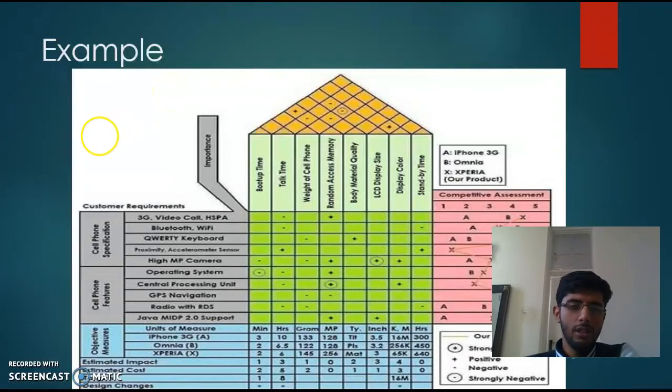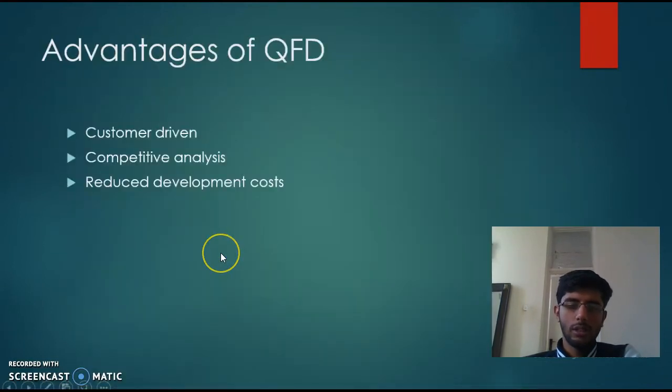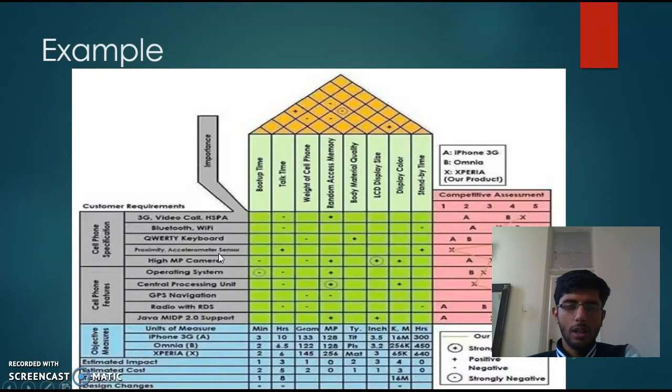In this part are the customer requirements, and these are the customer priorities. These are the competitive assessments. Here we understand the relationship between customer satisfaction, customer requirements, and customer priorities.